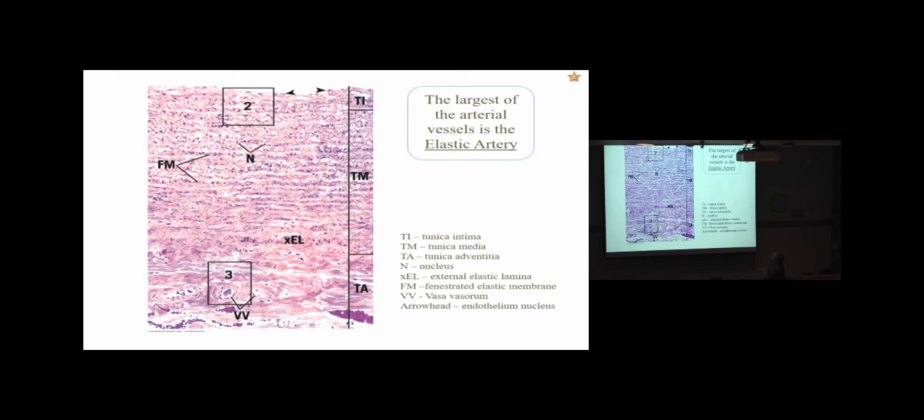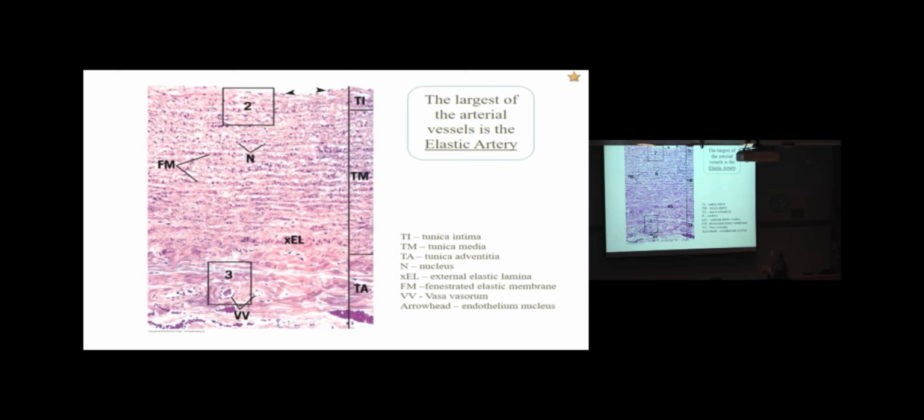So I think you can see here in the intima next, there are a few endothelial cell nuclei here at the top. The distinction between the intima and the media is sometimes a little hard to see.